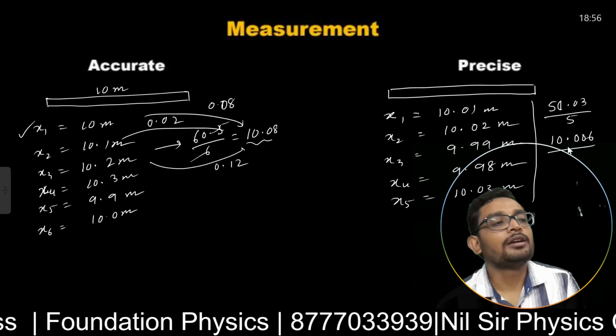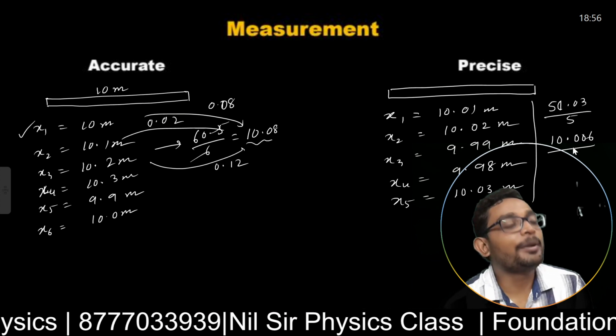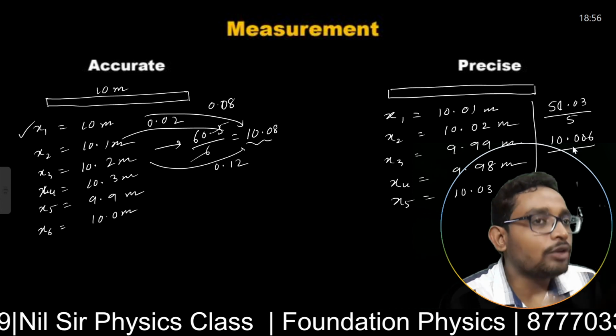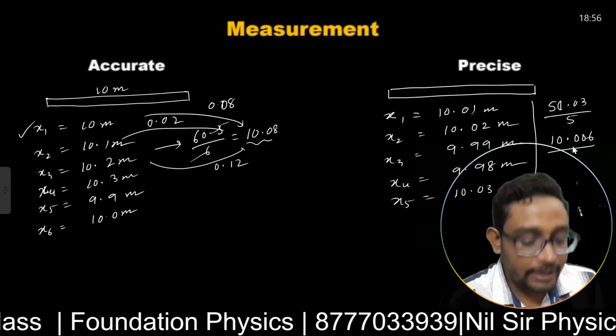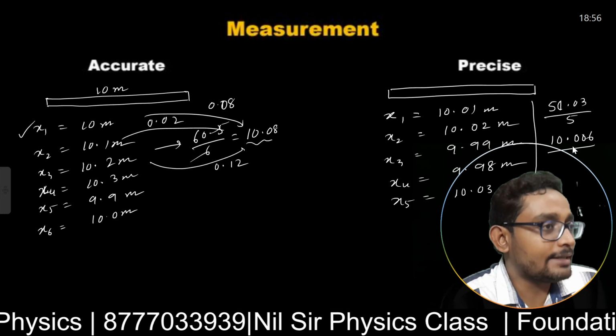Now this spread is very close. The error is minimum here. You are very close to the accurate result. So that's why we can say it is more precise than your actual result.